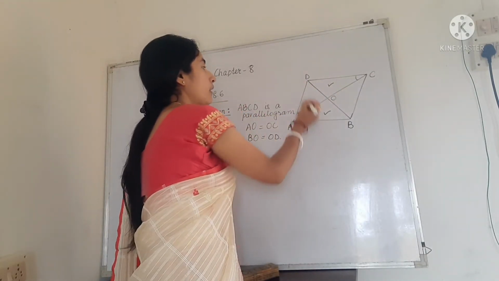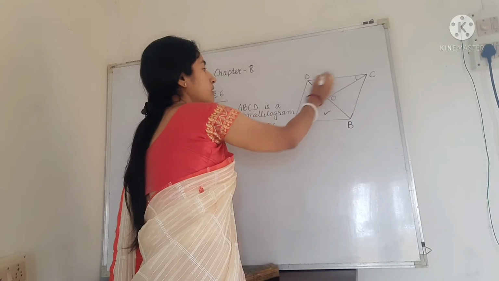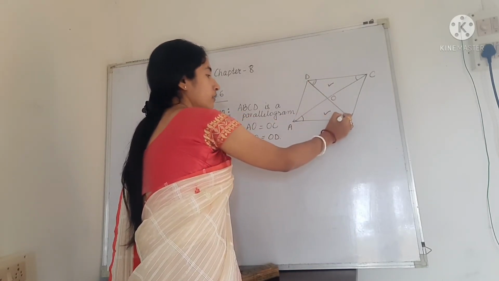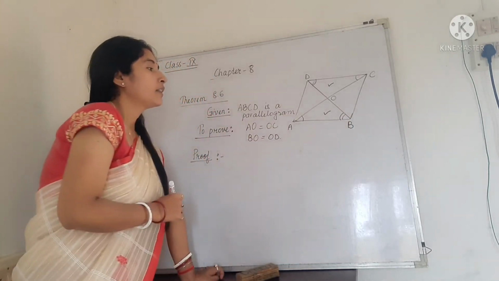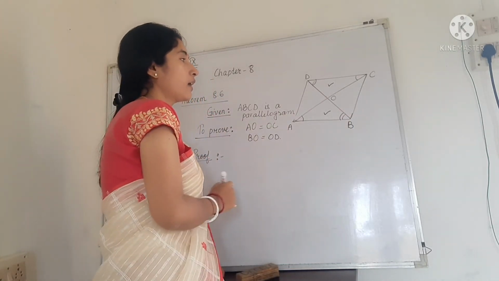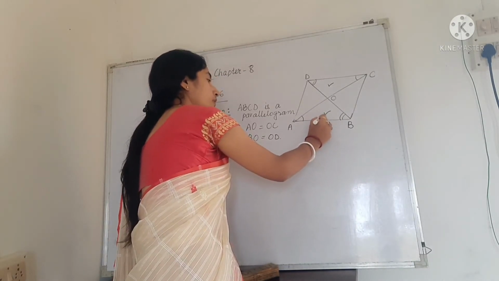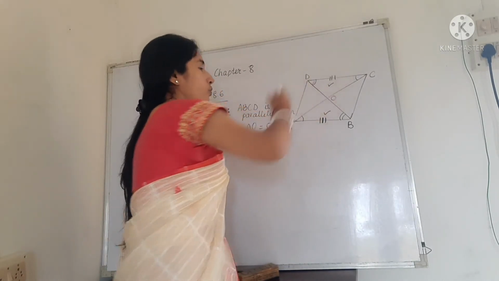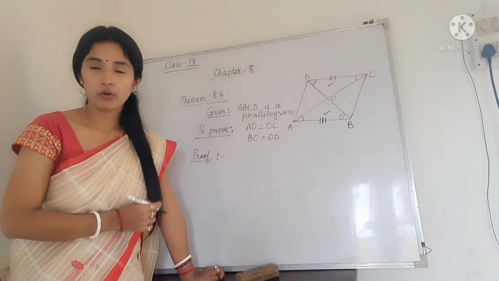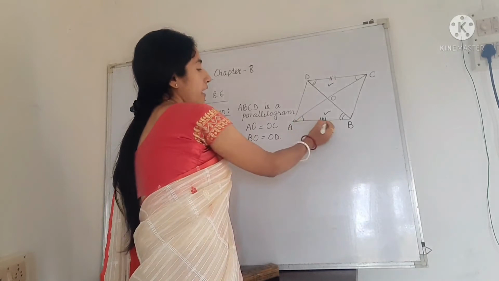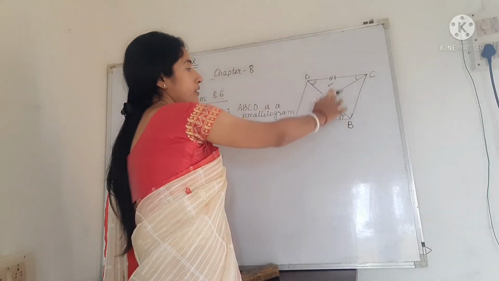Then the second criterion is angle ODC, that means this angle, will be equal to angle OBA, that means this angle. And the third criterion is this side is equal to this one, because opposite sides of a parallelogram are equal. So by angle, side, angle, the two triangles are congruent.